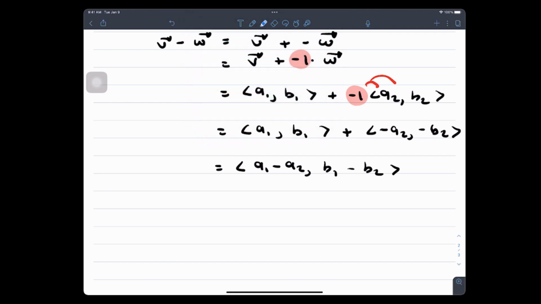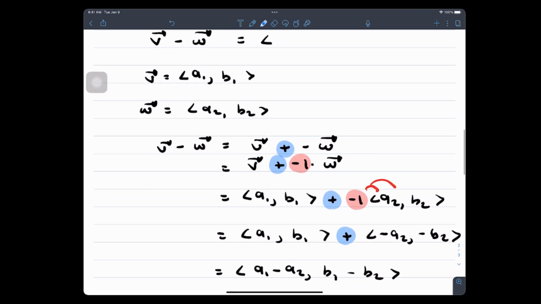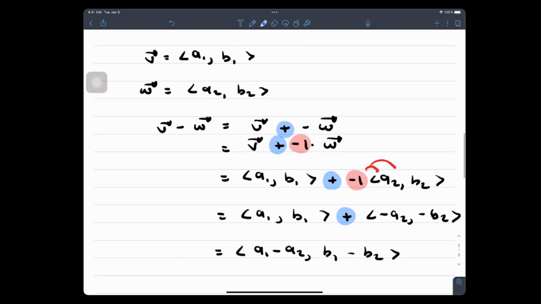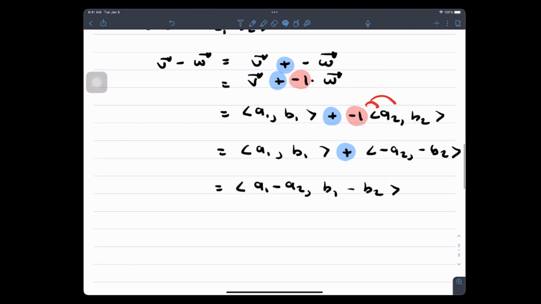So ladies and gentlemen, I know you say, well, that's addition of a negative. Yep. Addition of a negative is known as, by the way, subtraction. So the reason you might see this definition for vector subtraction here is because this is where it came from. They use those properties of vector addition with scalar multiplication. So I want to kind of share that with you guys where this comes from.